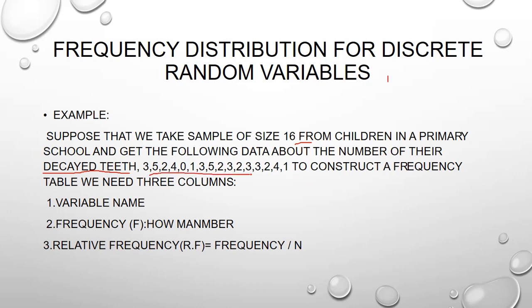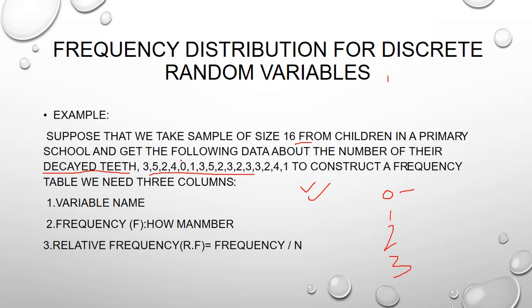To construct a frequency table, we mainly need three columns. First we need variables, after variables, frequency. For example, I am taking 0 teeth, 1 tooth, 2 teeth, 3 teeth. In the frequency, how many 0 values are contained in my data set?